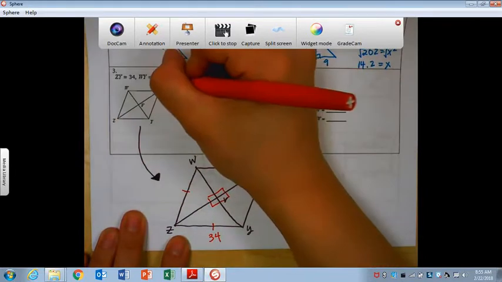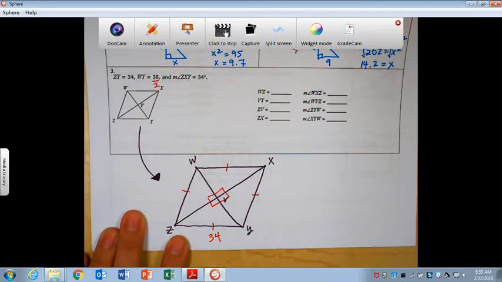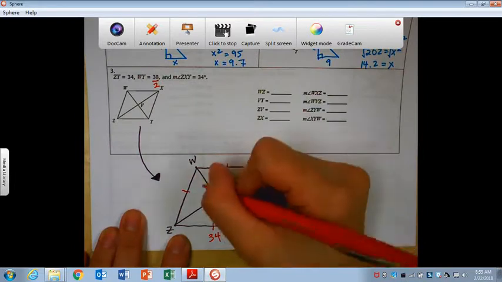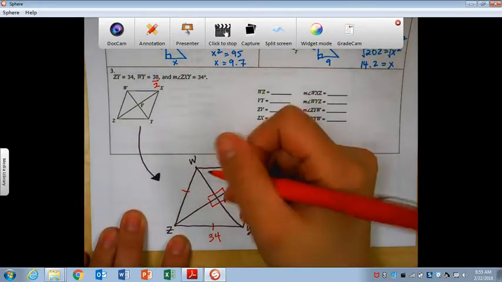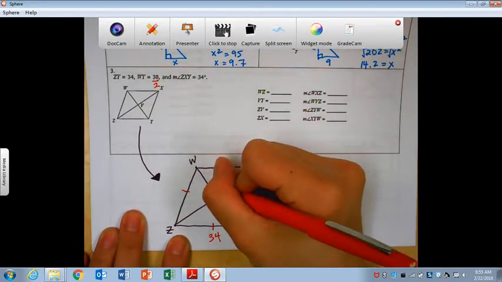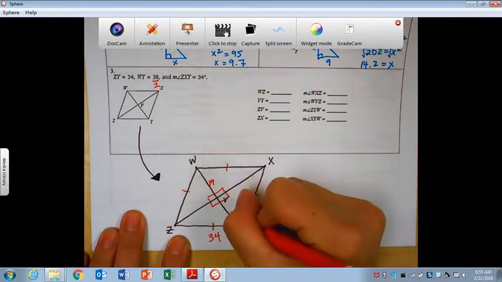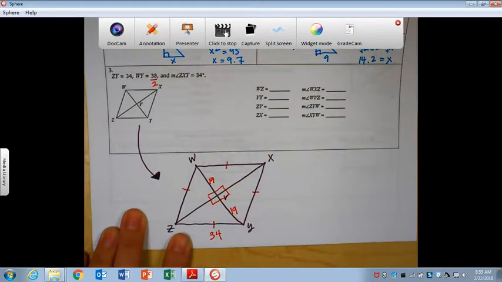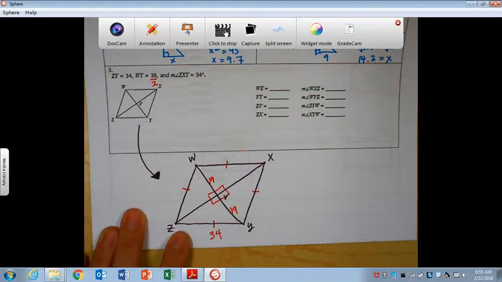So 38 divided by 2, what's that going to give you? That's going to be 19. And then you are going to have to solve for an angle.